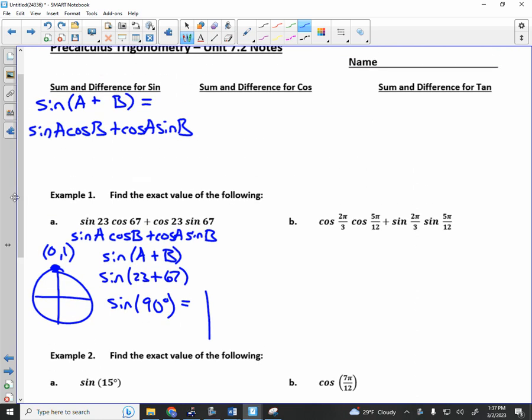What about the cosine formula? Oh, by the way, for the sine formula, if it's subtraction there, then it's subtraction there.